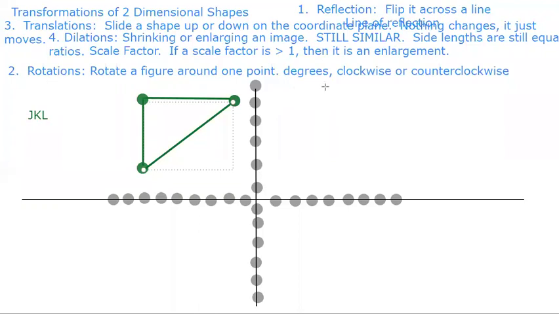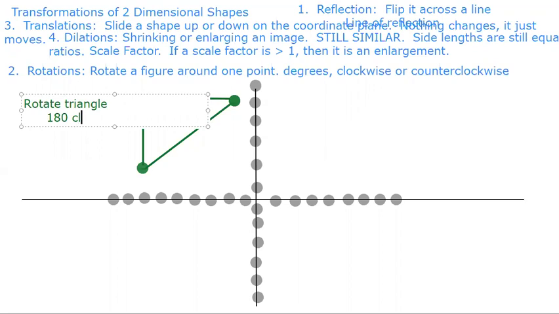And what we're going to do is rotate JKL 180 degrees clockwise about the origin.